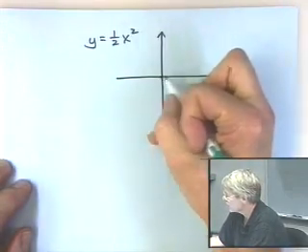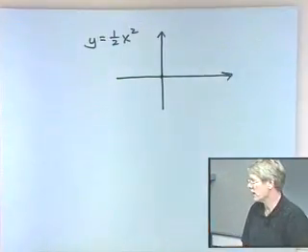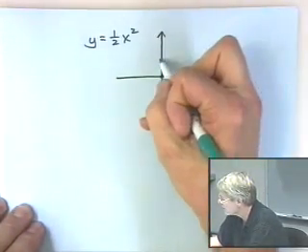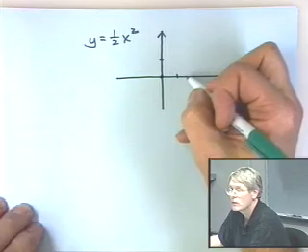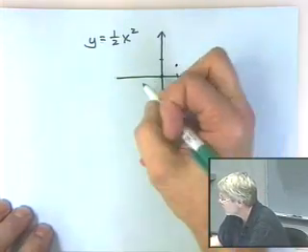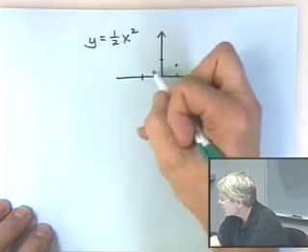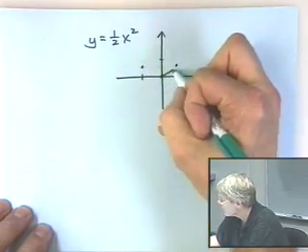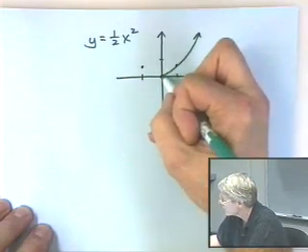Vertex at the origin. We could plot points when x is 1. What's the y? One half. When x is -1, same deal. So we know where this thing is.